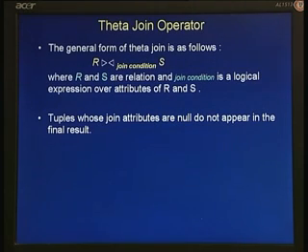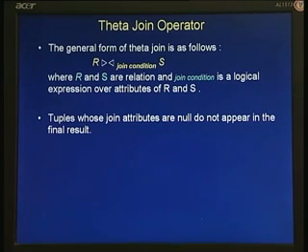So the general form of the theta join relation is shown in this slide. It's simply 2 relations with the join operator with a subscript join condition. The join condition is simply a logical expression over the attributes of R and S, which in the previous case we saw was the equality condition, that is student.lab equal to lab.name. It need not necessarily be an equality condition, it could actually be any other logical condition like less than or greater than and so on.